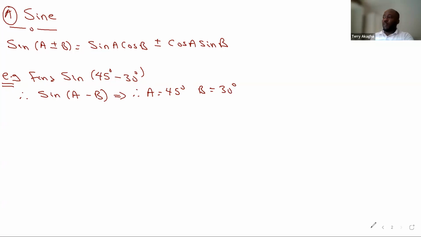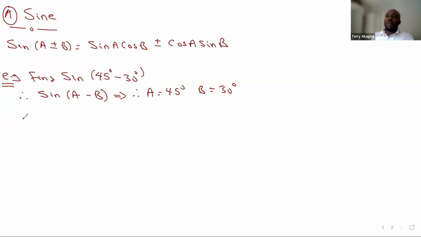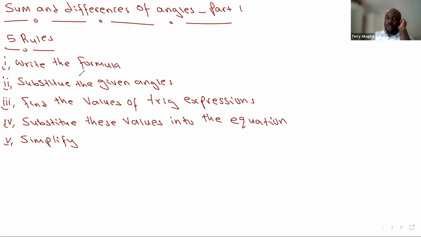So we can apply the formula first. The first rule says that you write down the corresponding formula for this, right? So we're looking at sine of A minus B. So sine of A minus B is going to be sine A cos B minus cos A sine B. Then the rule states that you have to substitute the given angles into this.